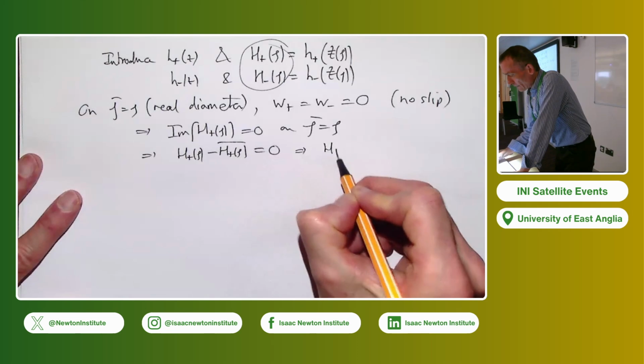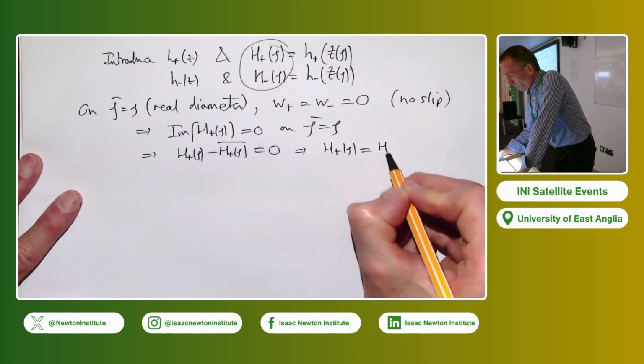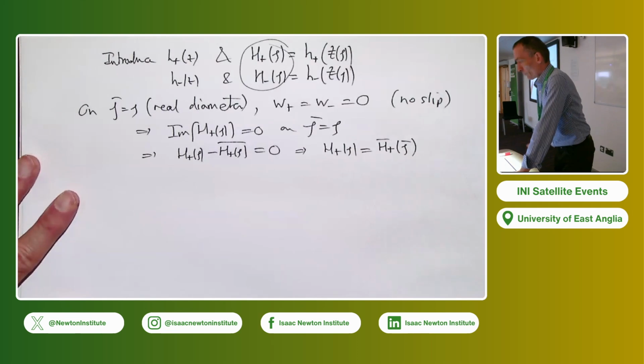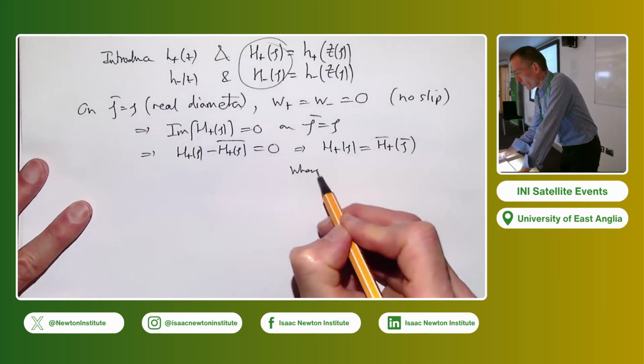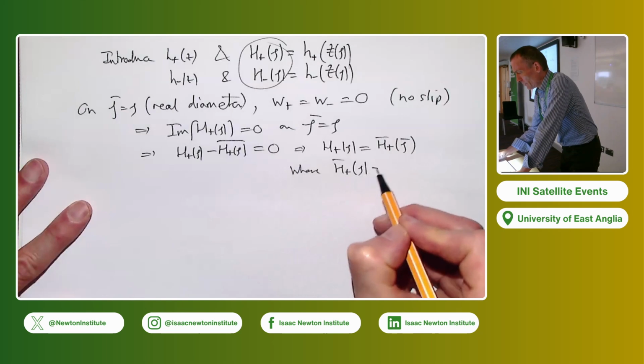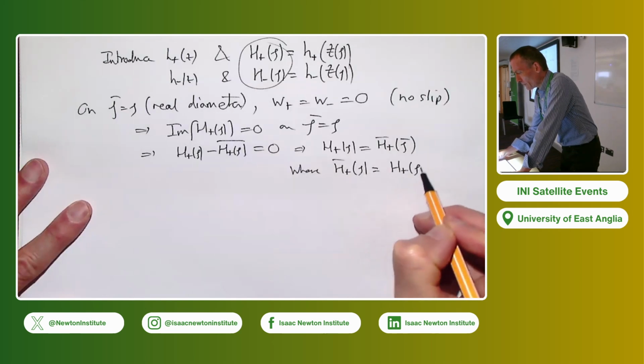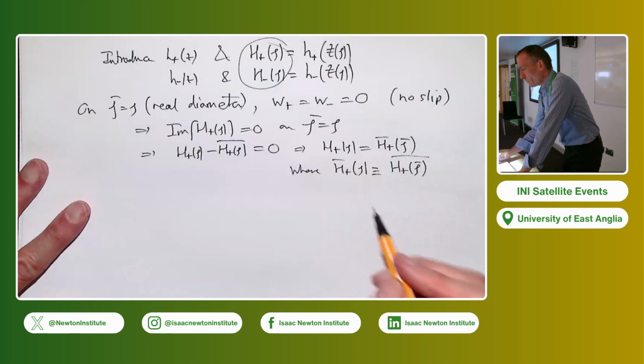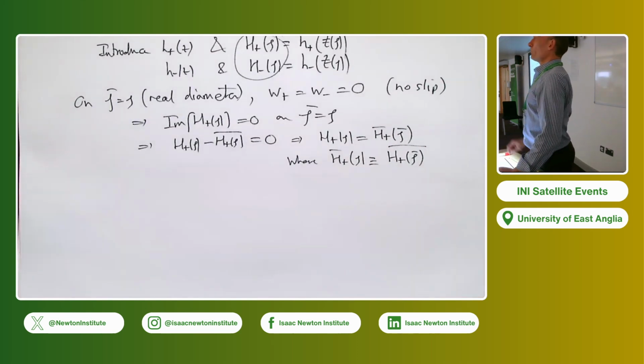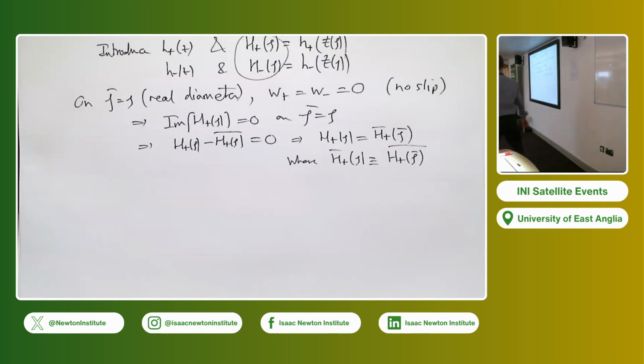I can write that as, people don't tend to, I didn't see this when I was an undergrad, which has surprised me. Has anybody seen this notation? If you give me an analytic function, in this case capital H plus of zeta, every analytic function has a Schwarz conjugate function, which is usually denoted with a bar over the function name, which is defined by this.